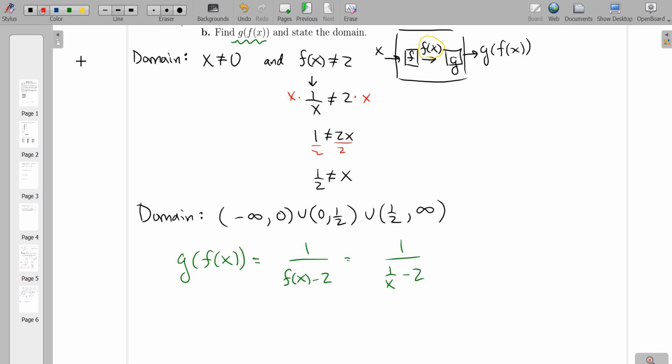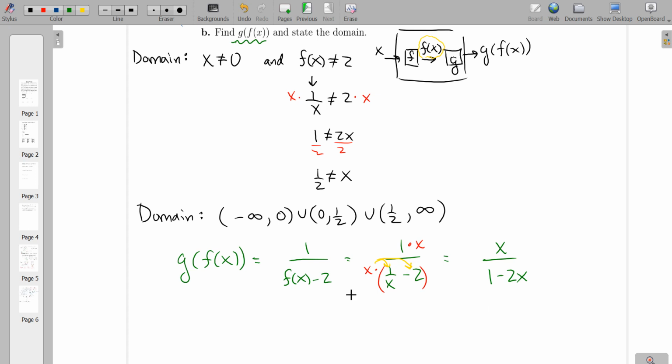And I think the easiest way to simplify this is just to clear the fractions out by multiplying by x on both the top and the bottom. So this will be x on top, and then as I distribute down here, I end up with 1 minus 2x.